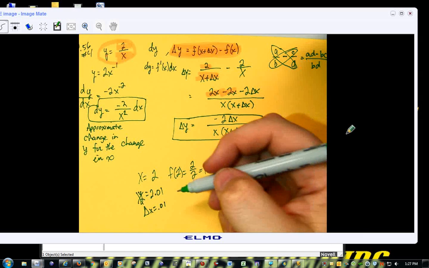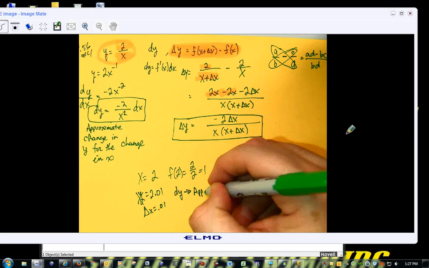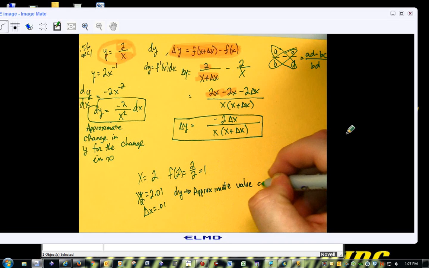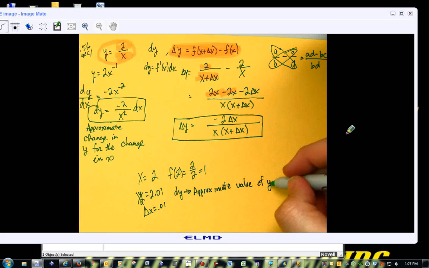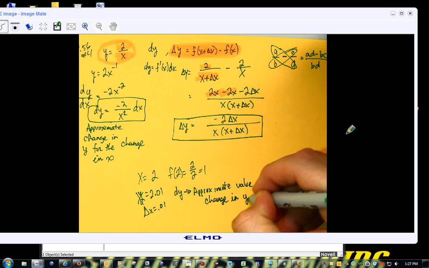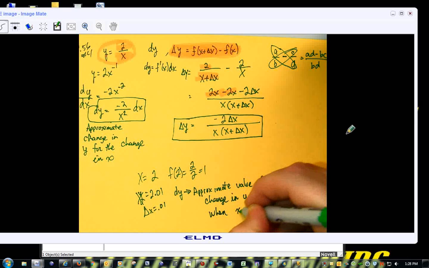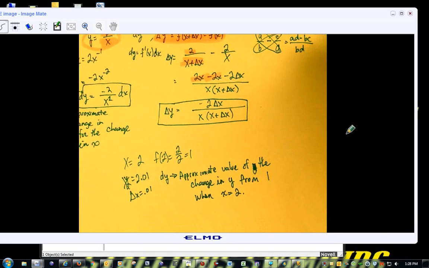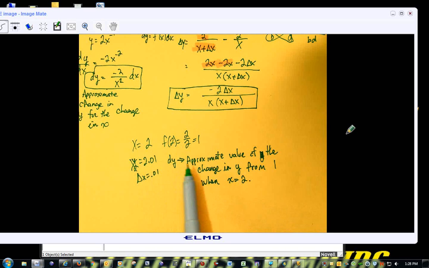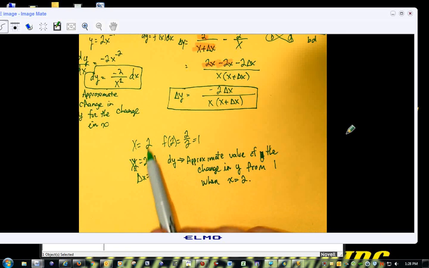Now, dy is going to give me an approximate change in that 1. How is that 1 changing? We've been looking at how 2 is changing. 2 is changing by that 0.01.